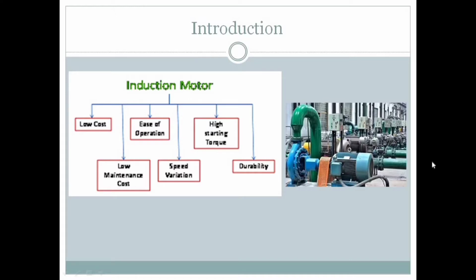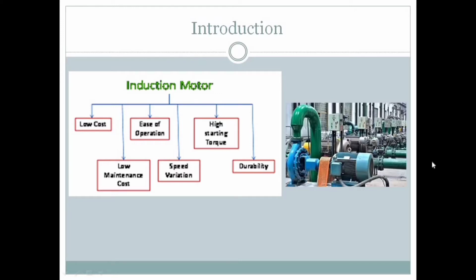Or in simple words, the three-phase induction motor is cheap compared to other motors, and its construction is very simple and long lasting.